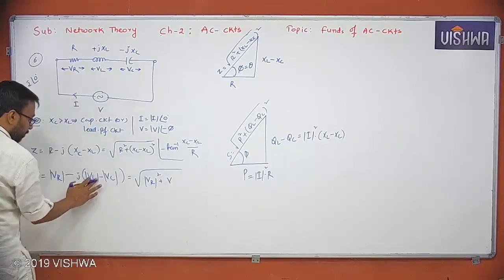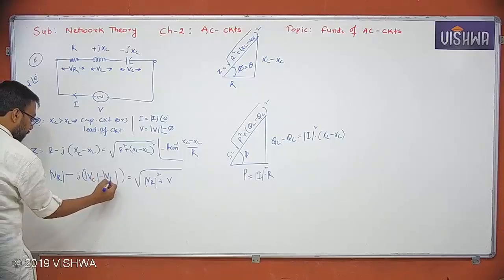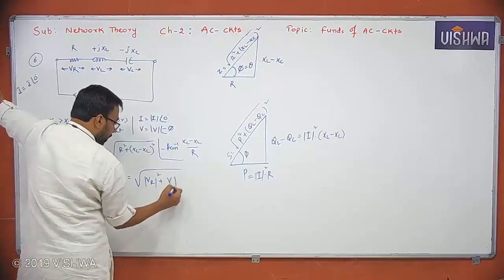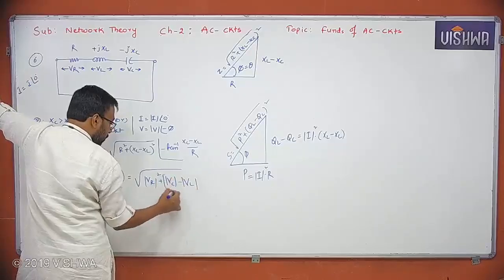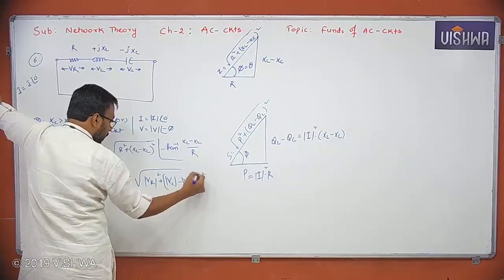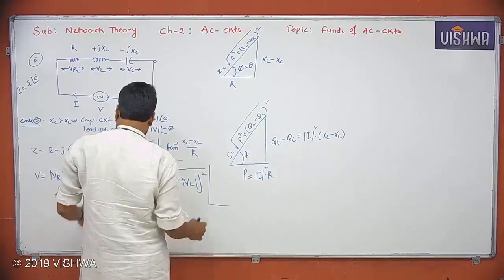This is VC, right? This is VC. What about this? VL. VC minus VL whole square. That's it. At an angle of what do you get?